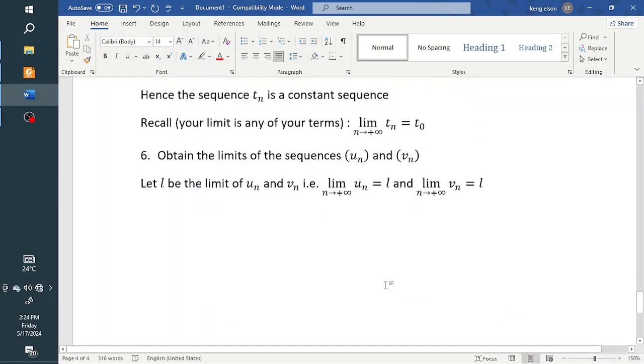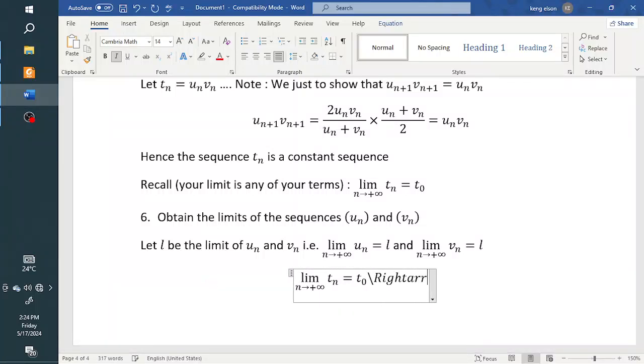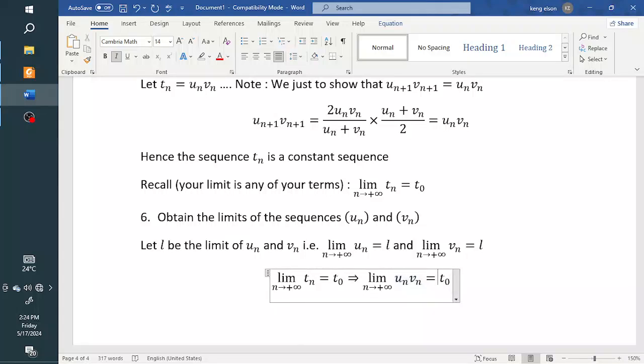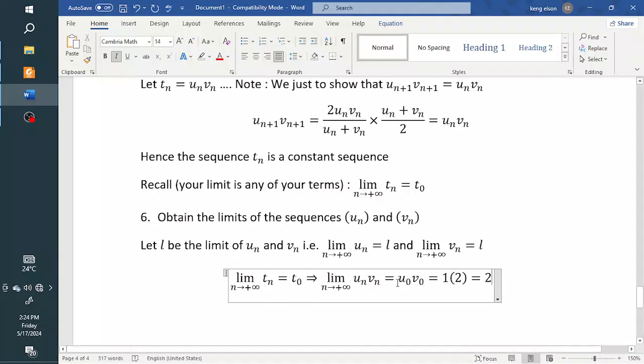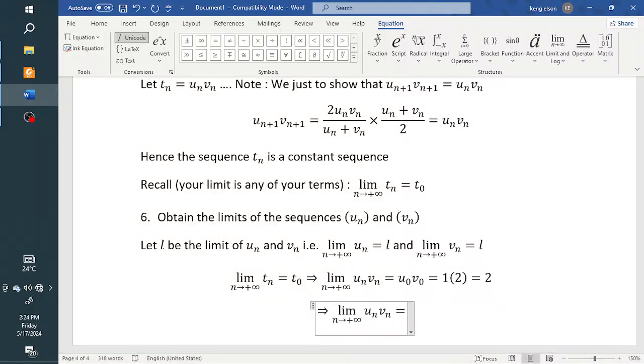Now with this, since we know this, the limit of tn is the limit of un times vn. What is t0? It is u0 times v0, which is 1 times 2, which is 2. So this means that the limit of un times vn is equal to 2.